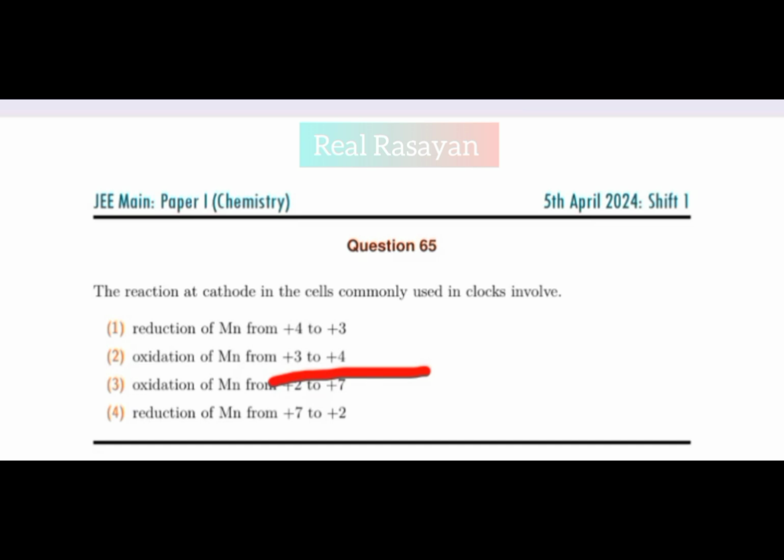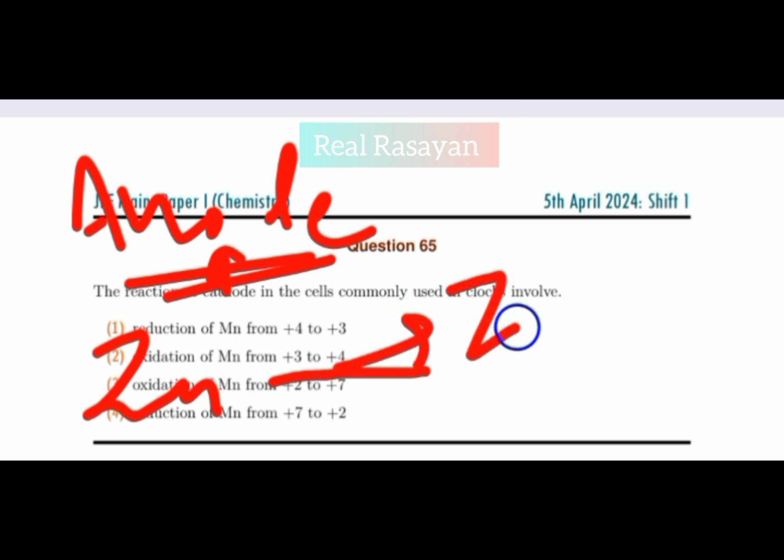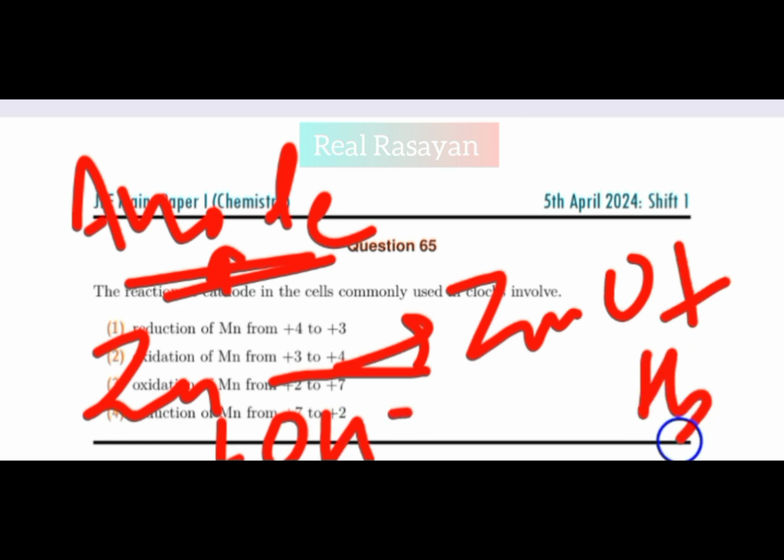So the reaction involved in the clock are usually the alkaline batteries. These are the alkaline batteries in which the oxidation takes place at the anode. Anode means oxidation. So here zinc is getting oxidized to zinc oxide. In alkaline medium, it means plus OH negative gives water, and zinc changes into zinc 2 positive here in zinc oxide. So there is a release of 2 electrons.